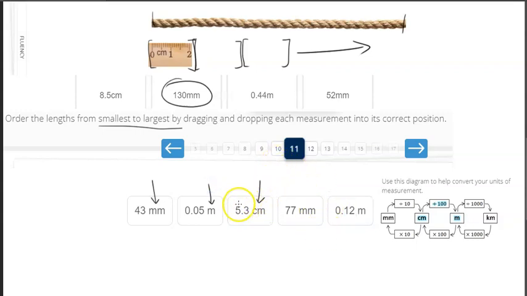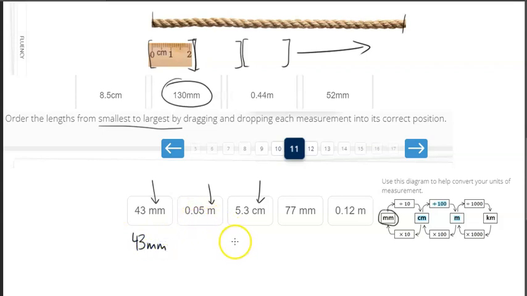What we want to do is convert every single number to what is considered the smallest type of unit here. In this case, millimeter is the smallest out of all of them. So this 43, I'm going to keep as 43 millimeters.